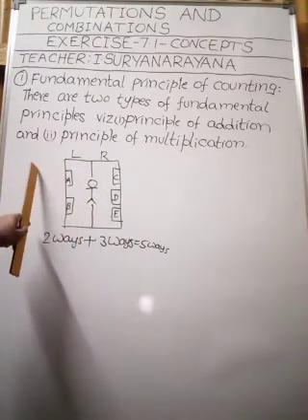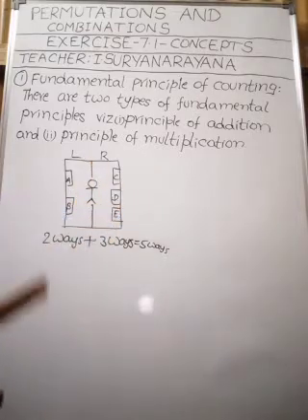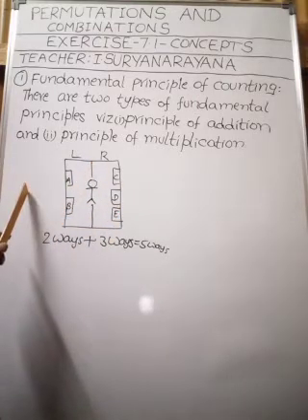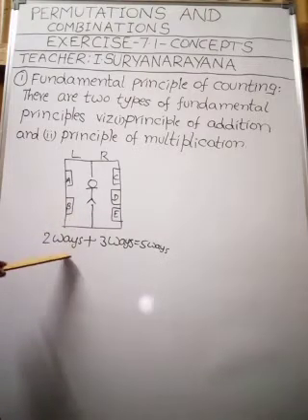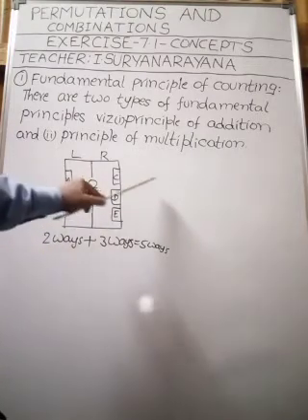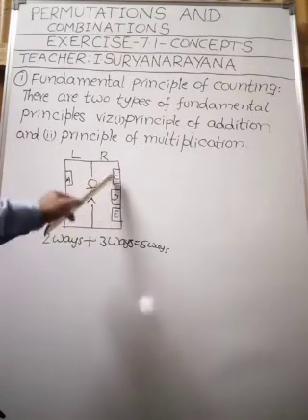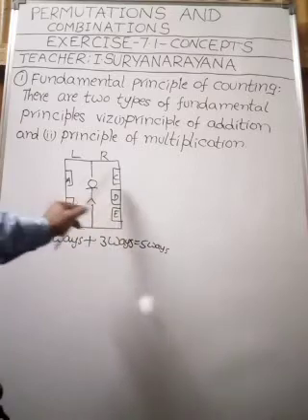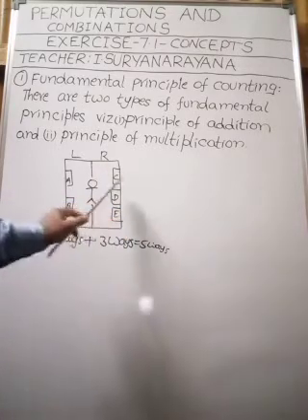Moving to the left side is one event and moving to the right side is another event. If he moves towards the left side, there are two ways, or if he moves towards the right side, that is another event. This can be done in three ways. He can come out of this room in three ways.